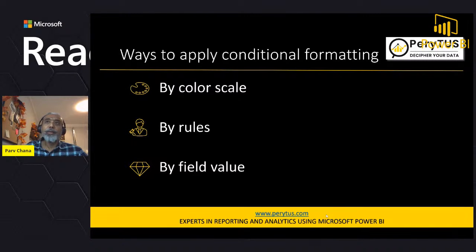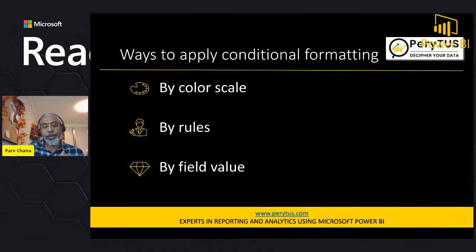The reason why by rules and by field value can most of the time achieve the same thing, but why it is easy to do with the measure, because from my point of view, it is easy to make the changes, and the same measure you can recycle and use in a different visual, so you don't have to go into each visual.